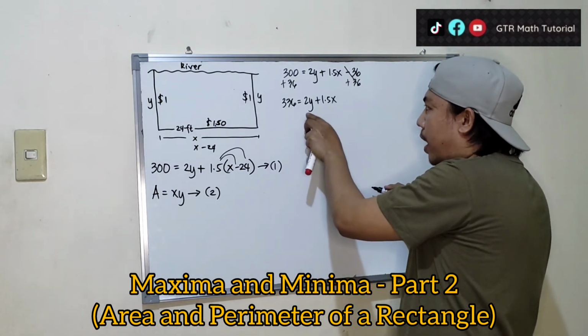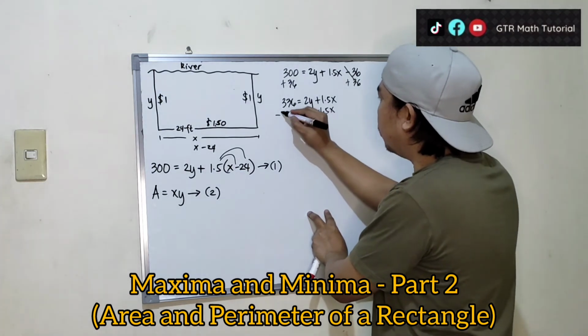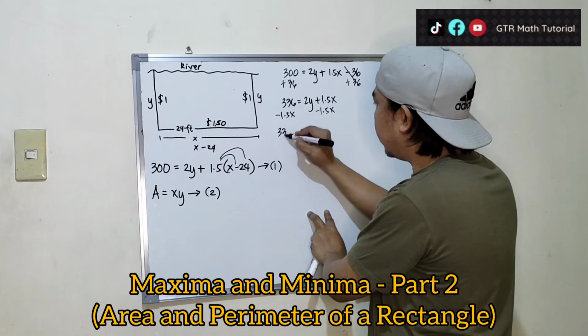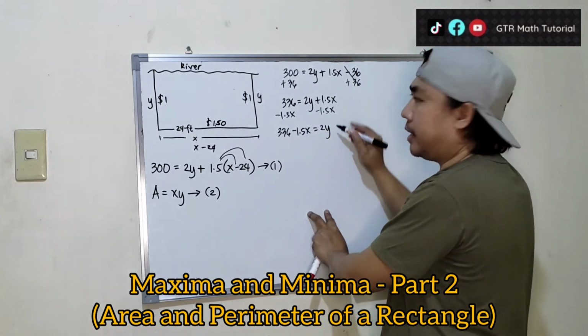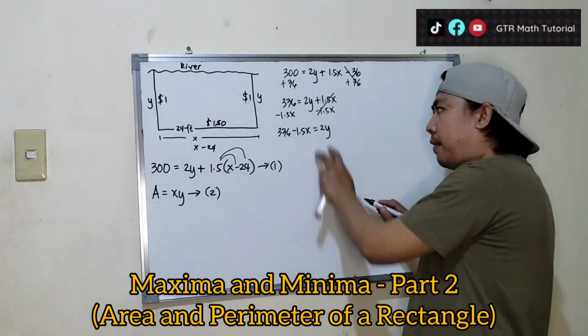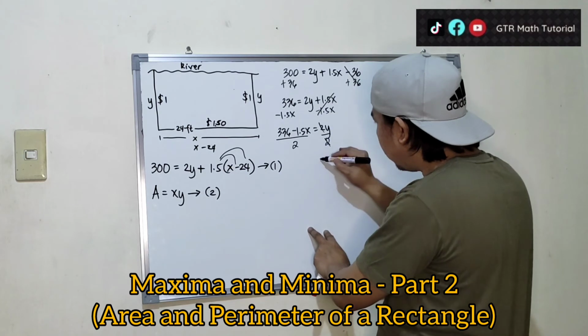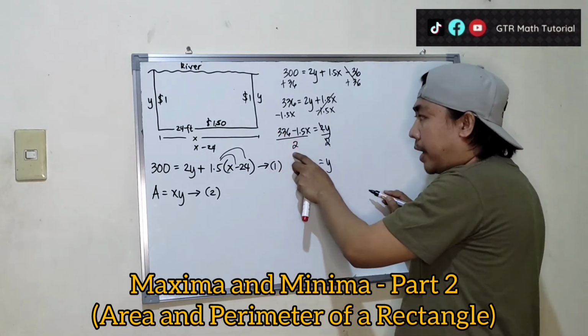Then, so solve for y. So therefore, we have subtract 1.5x from both sides. So therefore, we have 336 minus 1.5x equals 2y. So this will be cancelled out. Then divide both sides by 2. So cancel out 2. Therefore, y is equal to 336 divided by 2.